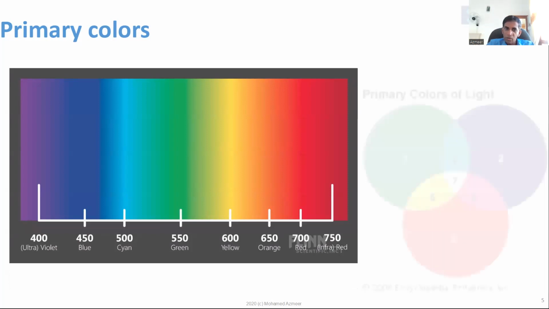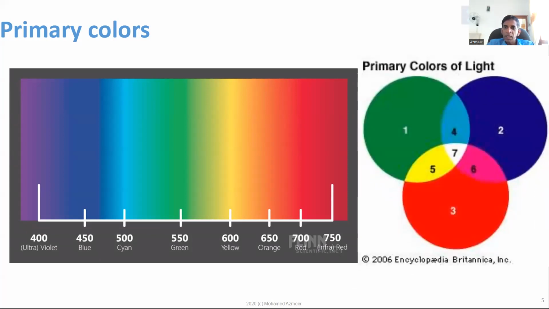Of that, we can also pick up 3 colors, right? We pick up 3 colors and we call them the primary colors. There's a reason for that. If you look at green and blue, between the green and the blue, we get cyan. Between the green and the red, we get the yellow.